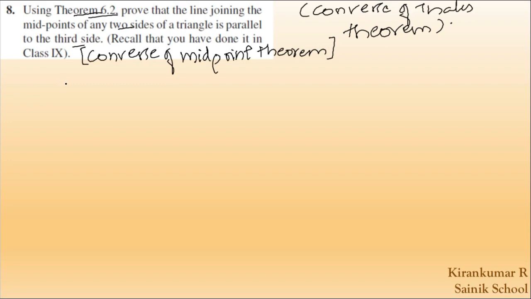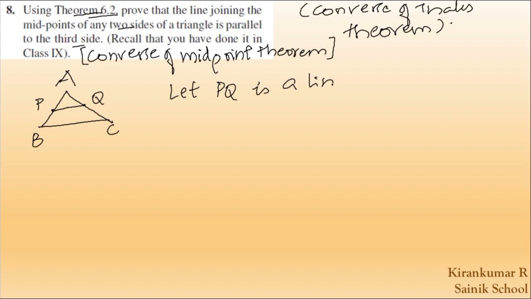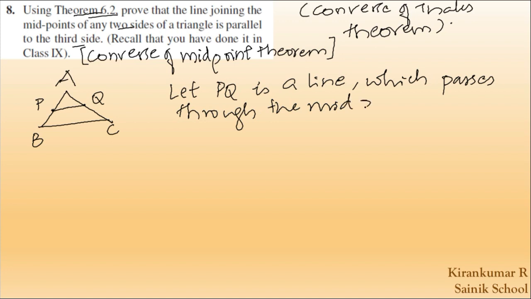Again, I'll consider the same triangle ABC, and I'll consider points P and Q. So let PQ be a line which passes through the midpoints of AB and AC.